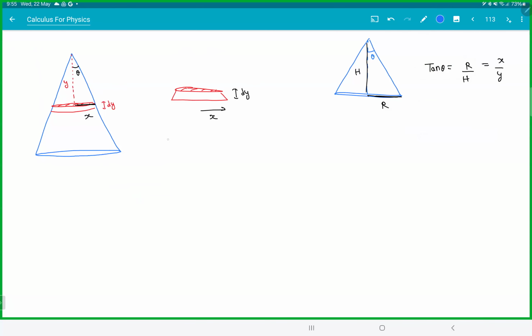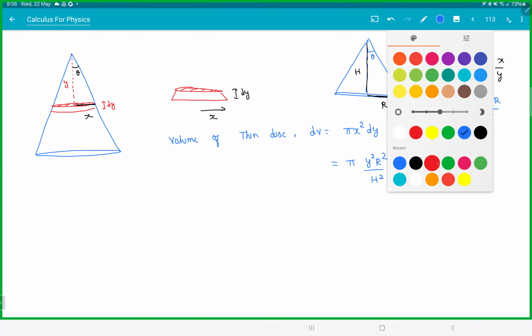Then the volume of this thin disk, dV, is nothing but pi x square into dy. But what is x? x is y into r by h. So pi into y square r square by h square into dy.